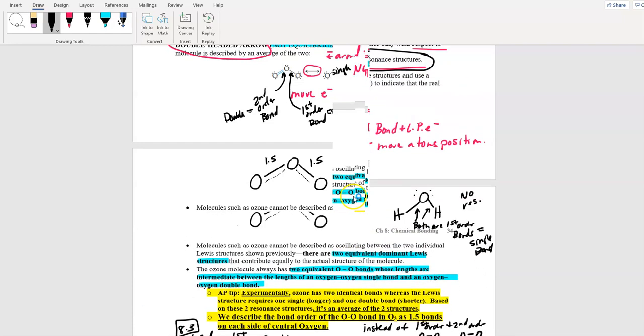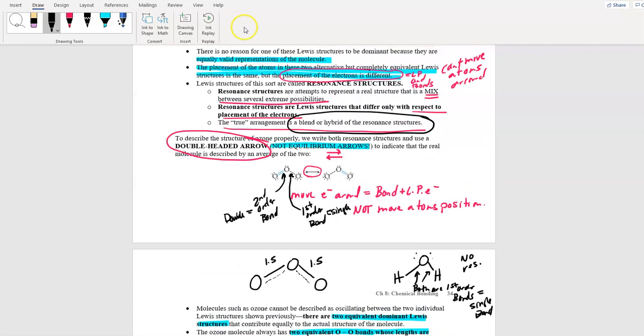Okay, so key fact with resonance structures, this is a big part, resonance can only exist if you have what's called multiple bond orders. As in, do you have double or triple bonds?